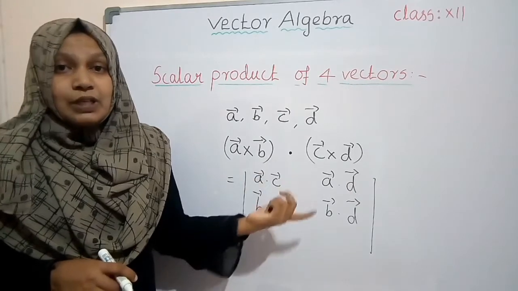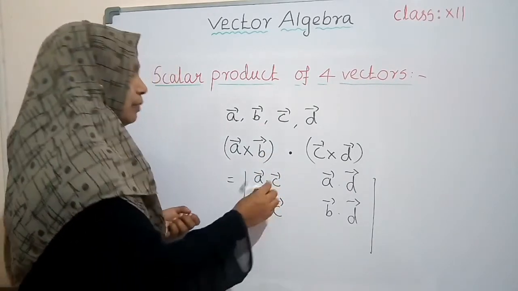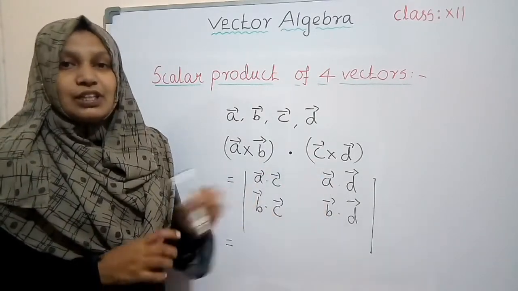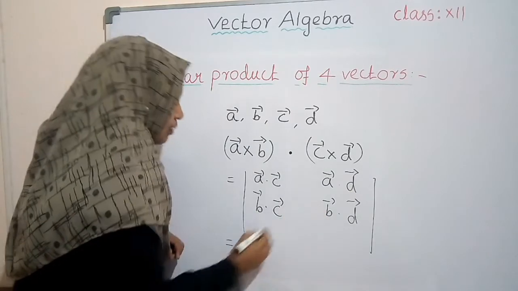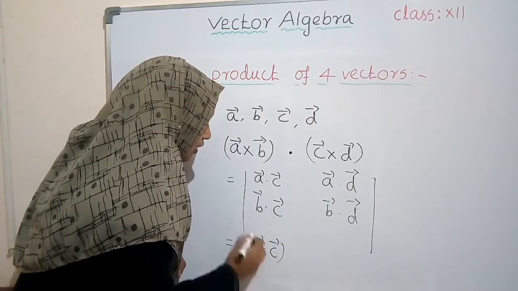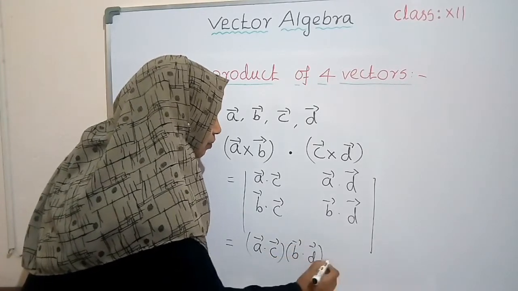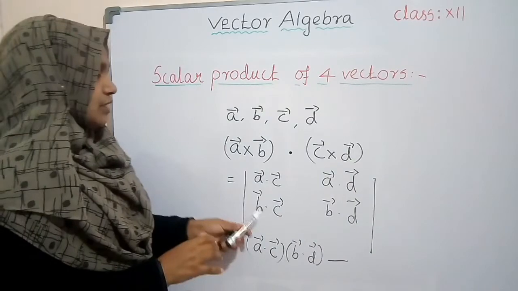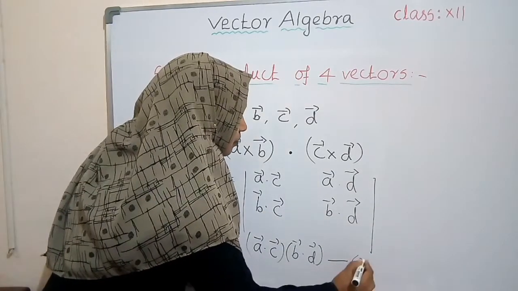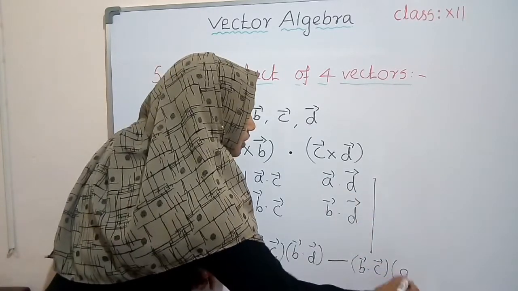Since it is a 2 by 2 determinant, we can expand this determinant by multiplying product of main diagonal minus product of subdiagonal. So first multiply the product of main diagonal, A vector dot C vector into B vector dot D vector, minus the second subdiagonal, which will be B vector dot C vector into A vector dot D vector.